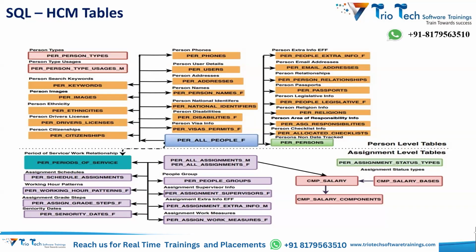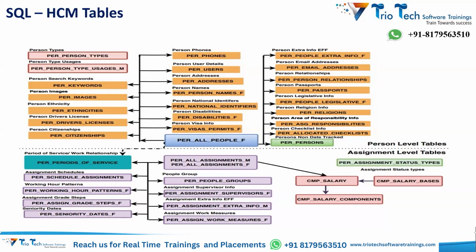Yes, it's clear. In EBS suppose we have 100 tables, in Fusion we might have 1000 tables. That much vast structure of tables has been improvised in Fusion. If you are from the EBS background, you know the basic HCM table, per all people.